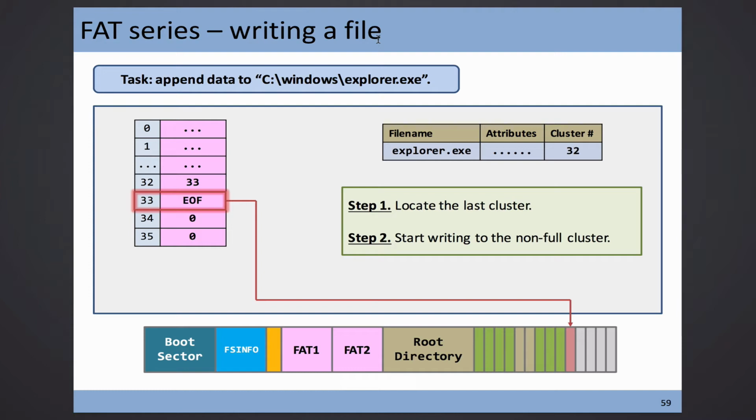Suppose that because of the previous, we know the structure, that the end of the cluster is 33, no next cluster, okay? And what should you do if you go to append data? Again, I say that this cluster 33, suppose in this area, may not be fully filled. It depends on the remainder when you divide the file size by the cluster size.